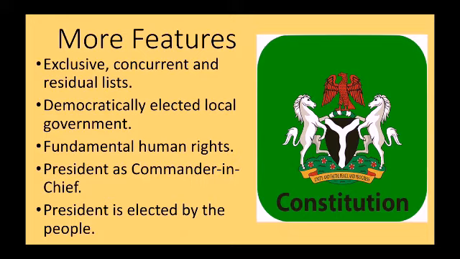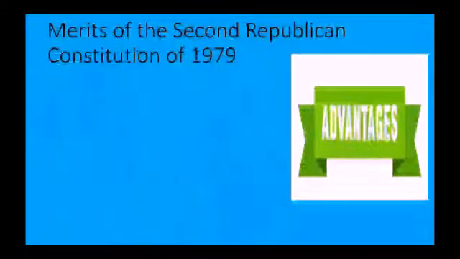Merits. What are the various advantages? The merits of the Second Republican Constitution, the various advantages of the Second Republican Constitution. There are so many advantages of this Constitution, but let's look at some of them.